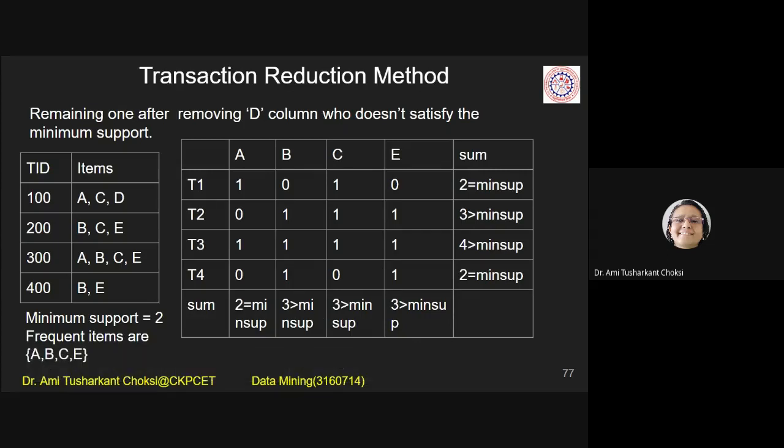So, is any transaction removed? Row wise, no. Vertically, that is column wise, no, because everywhere the sum is greater than or equal to the minimum support. Fine. So what do we say? The frequent items are A, B, C, E, right?